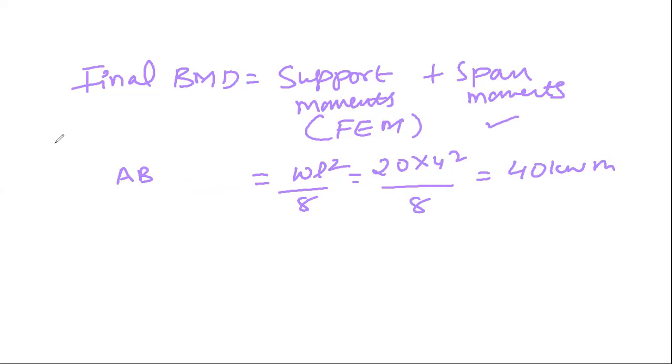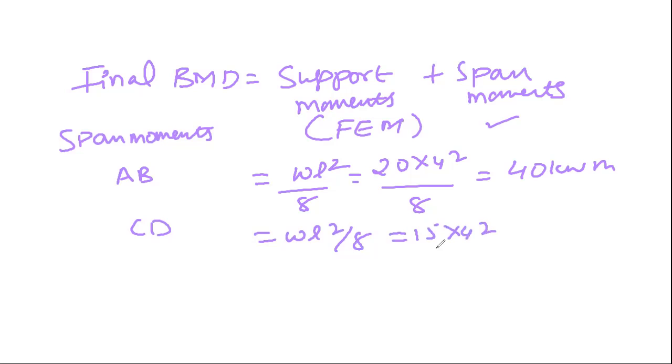These are nothing but span moments. For the CD span also the same formula, WL square by 8, but here it is 15 times 4 square by 8. So 15 twos are 30 kilonewton meter.